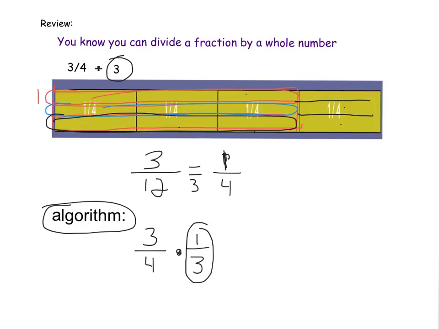We're really taking 1/3 of 3/4 and then multiplying across. 3 times 1 is 3, 4 times 3 is 12, and then we can simplify to 1/4. So the algorithm, the rule, the way we can divide without models, looks like this.